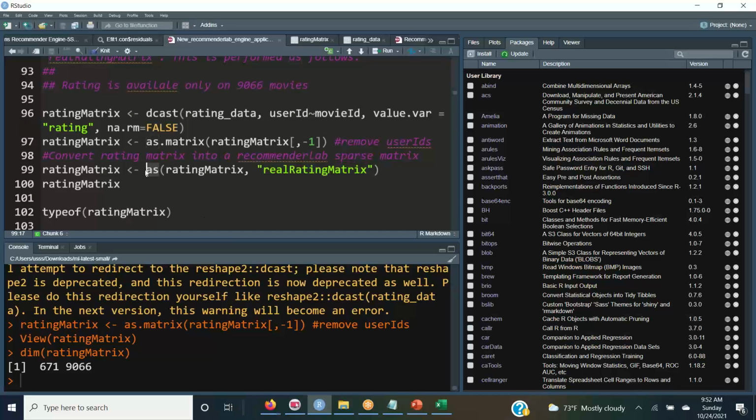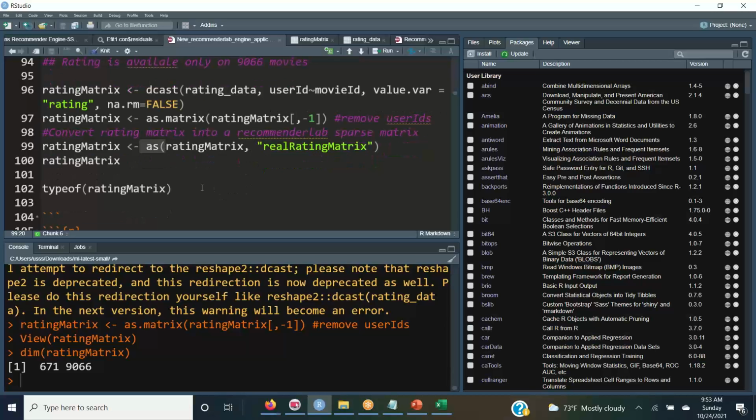So as rating matrix, this data to real rating matrix, that is the conversion process. The as function does something to this and calls it realRatingMatrix, so that it is usable directly in recommenderlab.